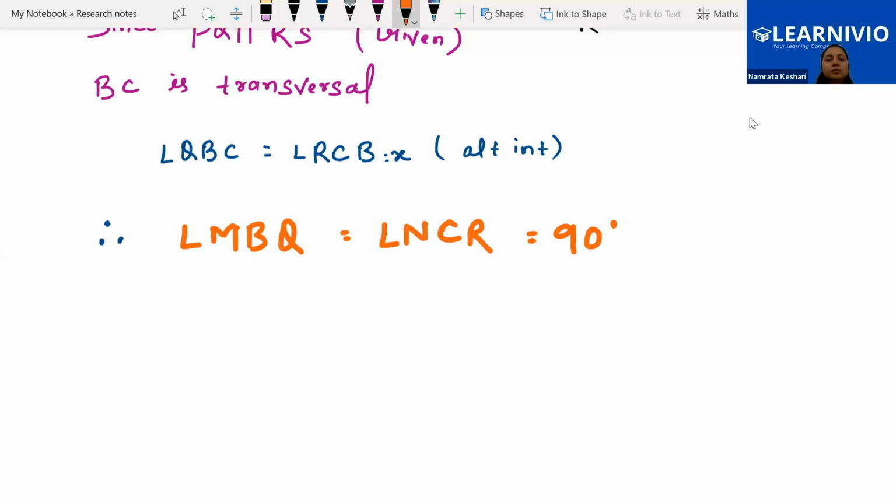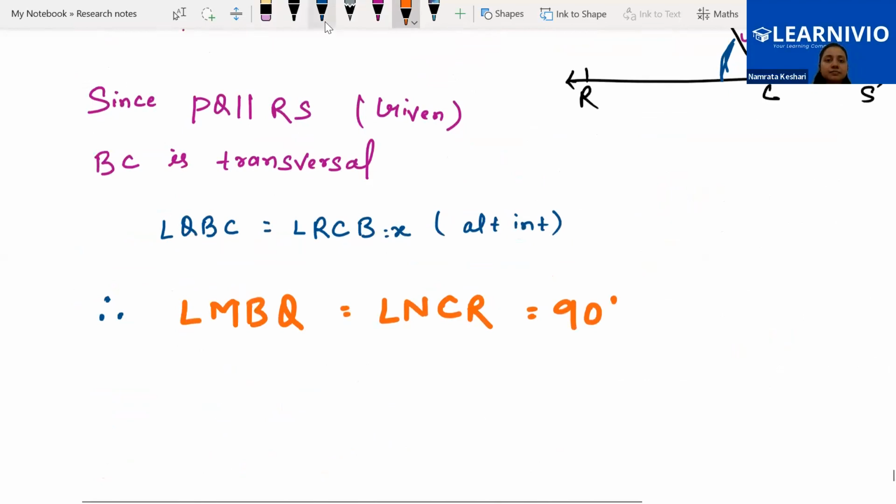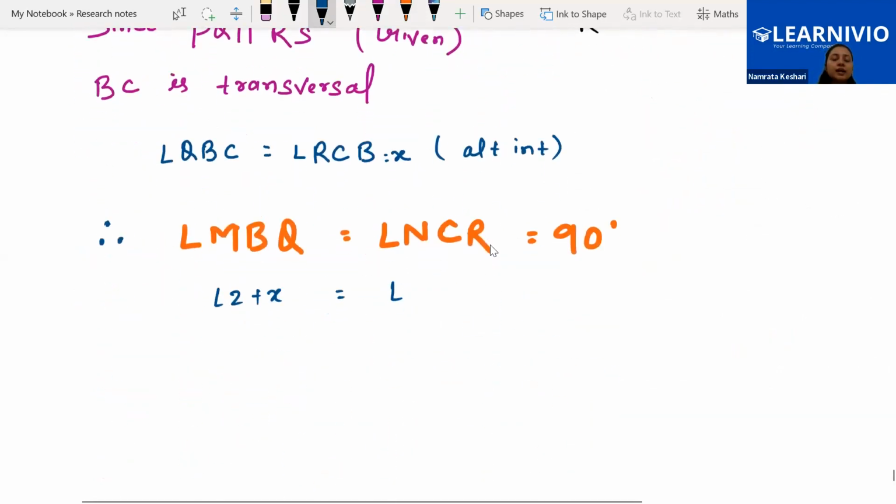Therefore, MBQ means angle 2 plus x, and NCR means angle 3 plus x, which implies that angle 2 and angle 3 are same.